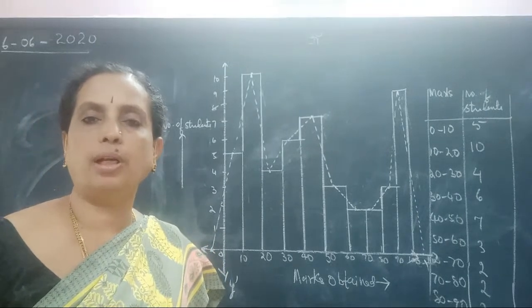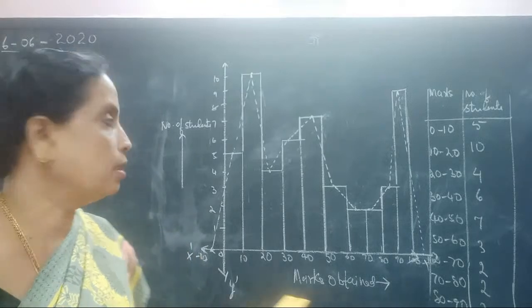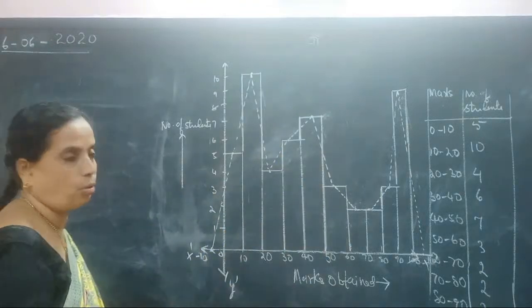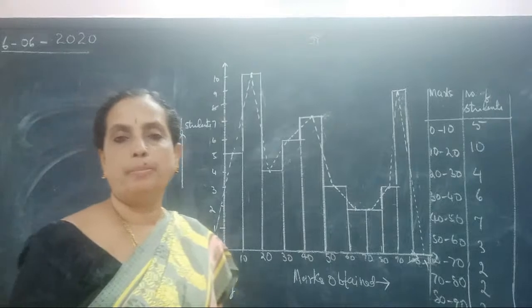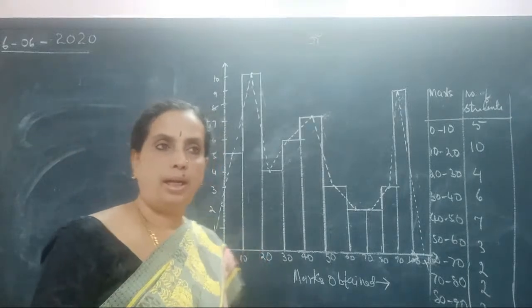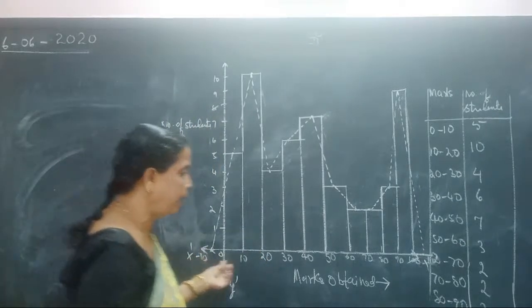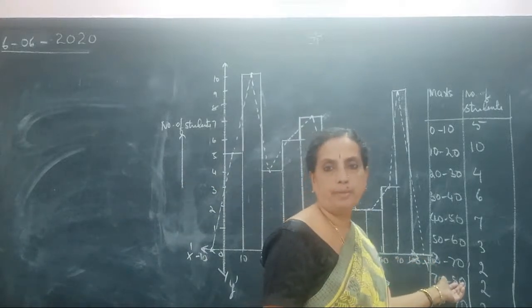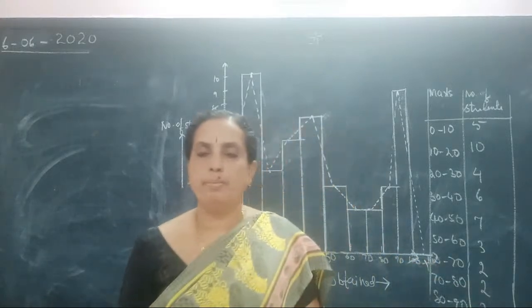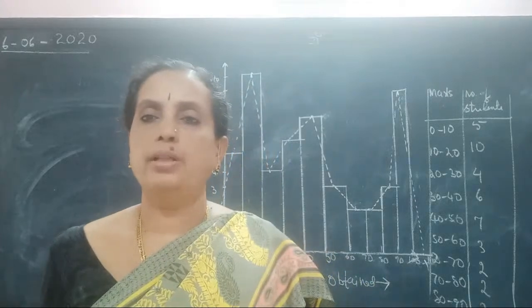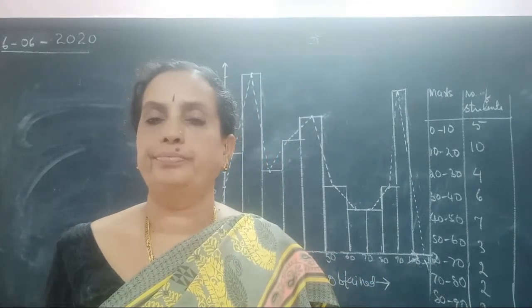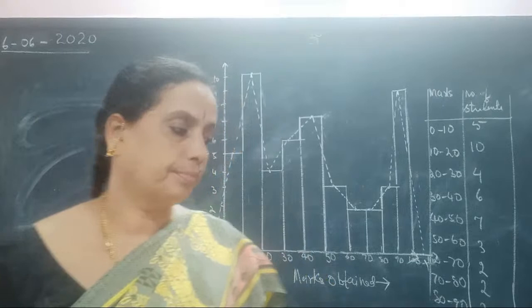Based on the histogram, plotting the frequency polygon you have to show in this way, starting with a midpoint and ending with a midpoint. Is it clear to everybody? So today's strength is very less. What to do?